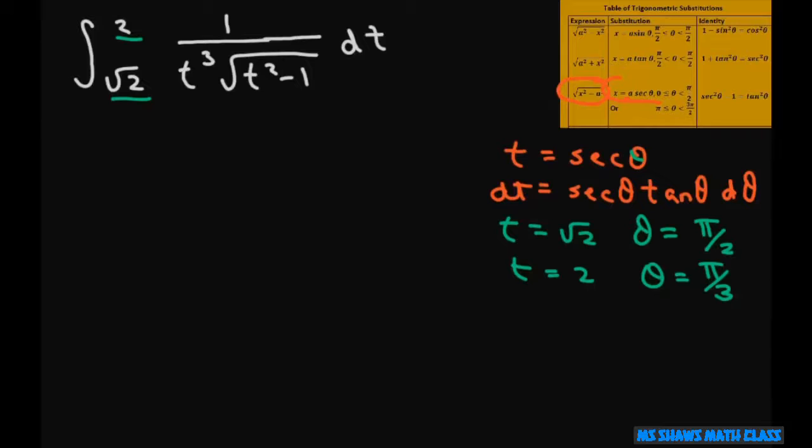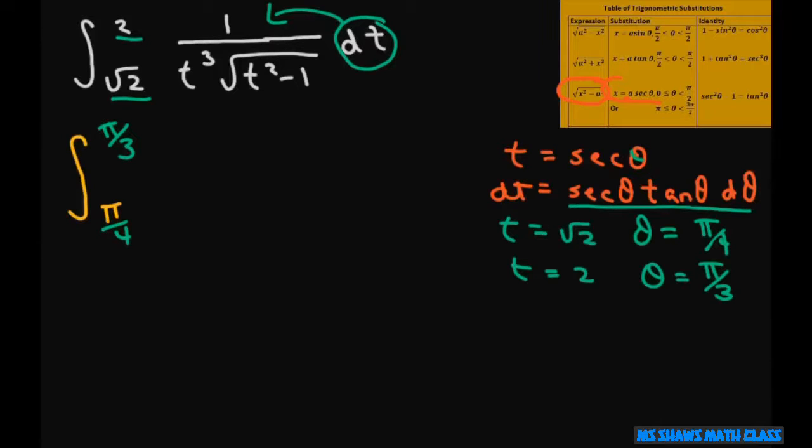So we're going to do our substitution now and change our integral limits from pi over 4. I always write 2 for 4, so this should have been 4. So it's going to be pi divided by 4 to pi divided by 3. Now I can write dt in the numerator, and this is our dt.